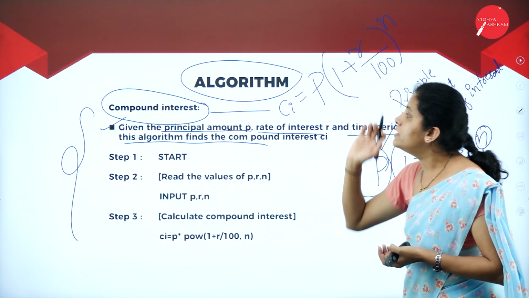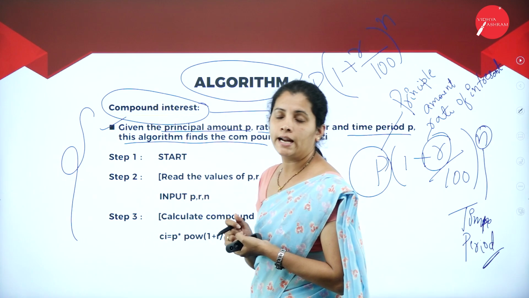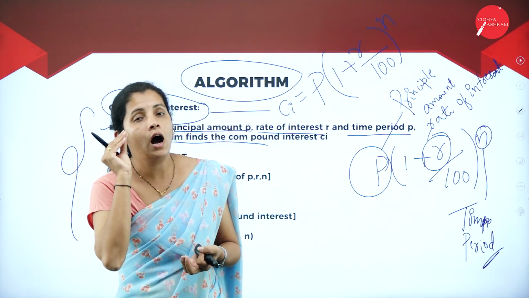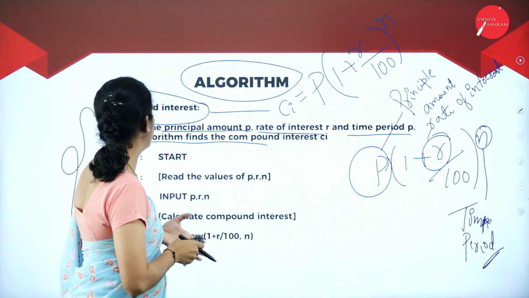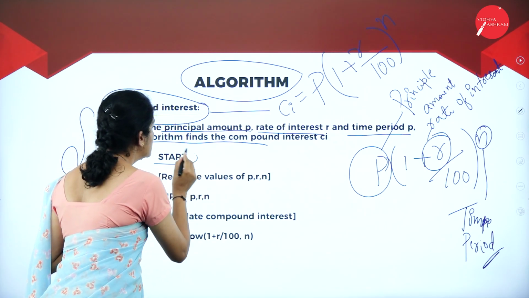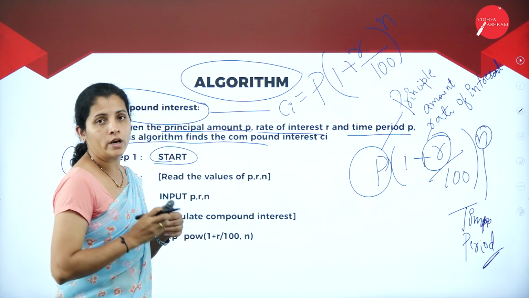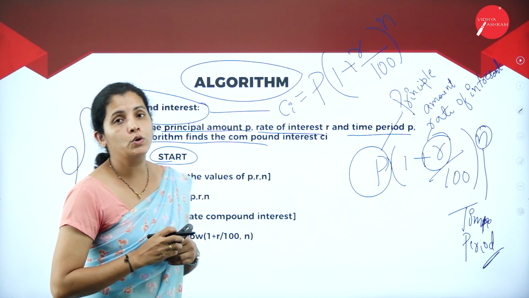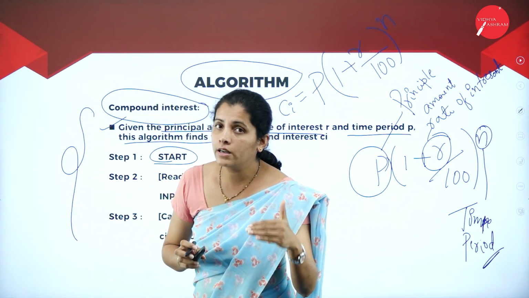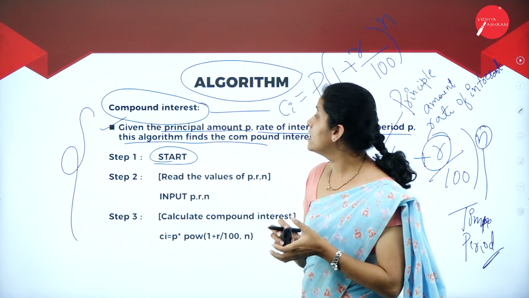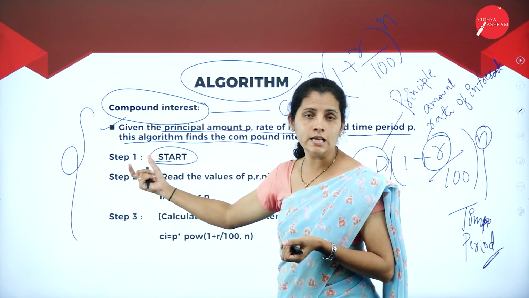Now, what is the first step in my algorithm? That is, my algorithm always starts with the first step, that is start step. So before going to start any algorithm, first at the beginning I want to write step 1 is start.